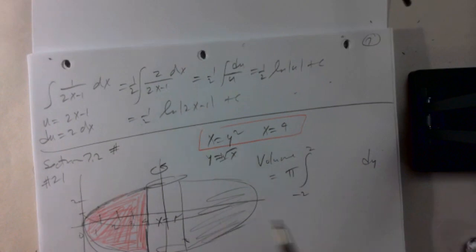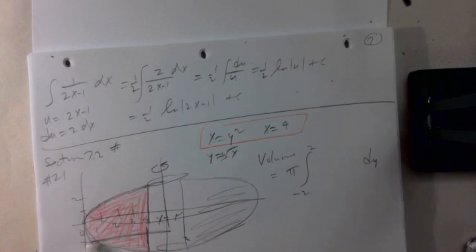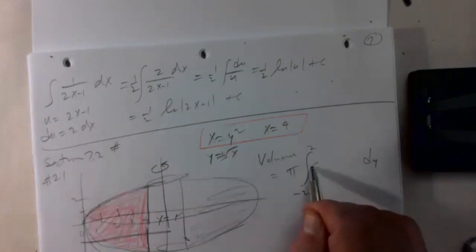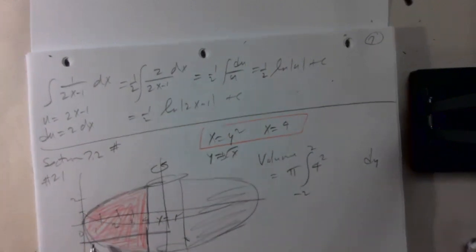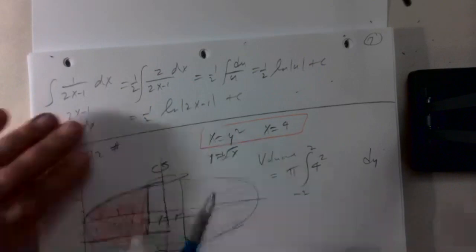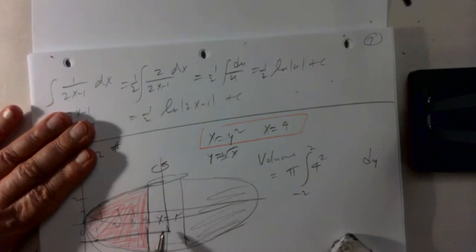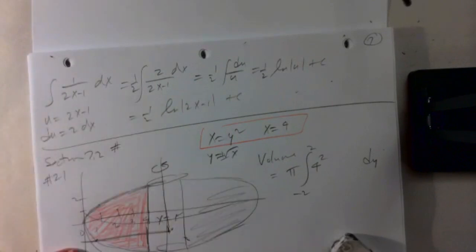This is the disk method, or the washer method. For any given value of y, the distance from here to the y-axis is what?